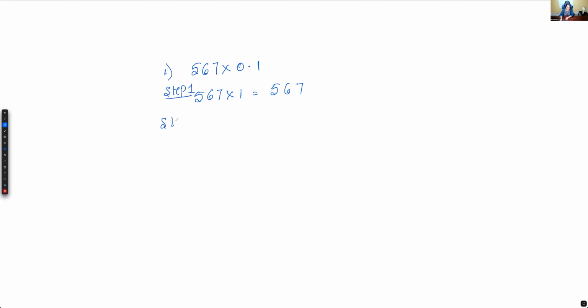In step 2, we will count the decimal places. The number 567 does not have any decimal point, so you will count it as 0 decimal places. Okay, and 0.1 has 1 decimal place. What do you mean by decimal place?